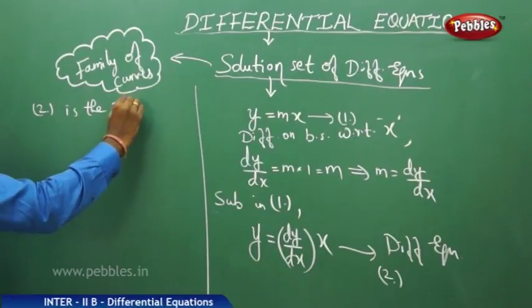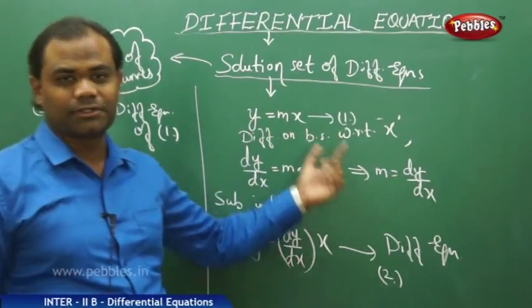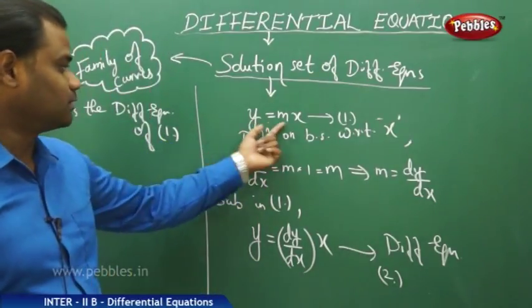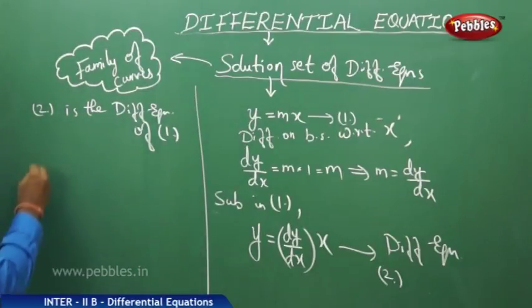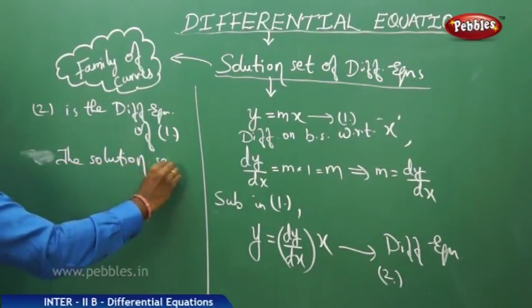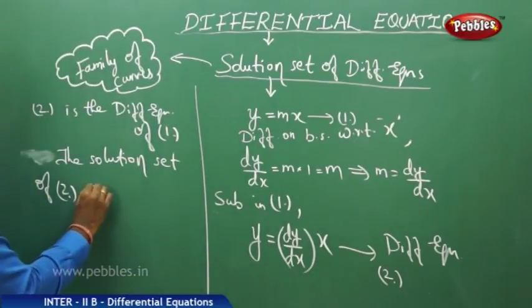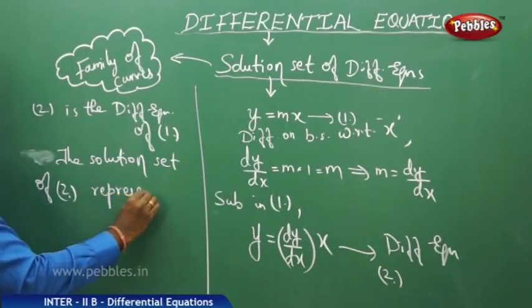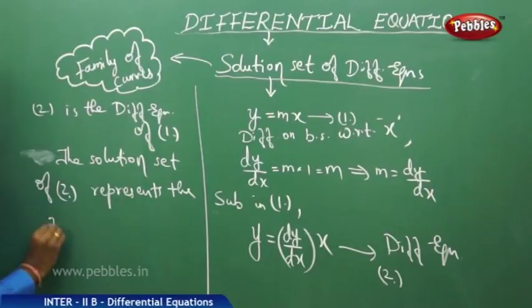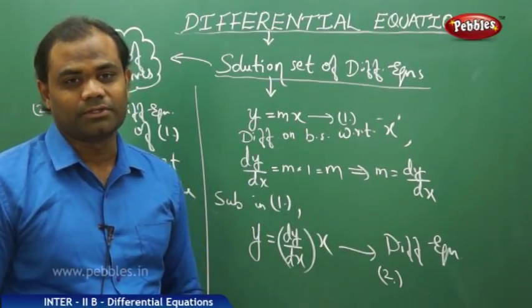So 2 is the differential equation of 1, that is, of the original equation of the curve y equals mx. And not only that, the solution set of this equation 2 represents the family of straight lines, because the solution set is y equals mx, and it's a straight line passing through origin.